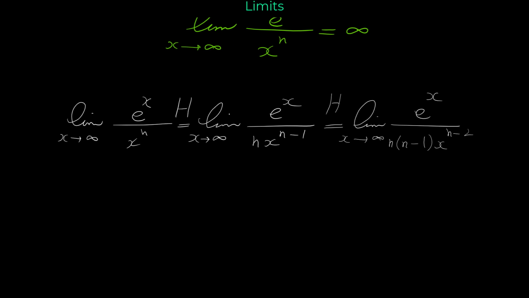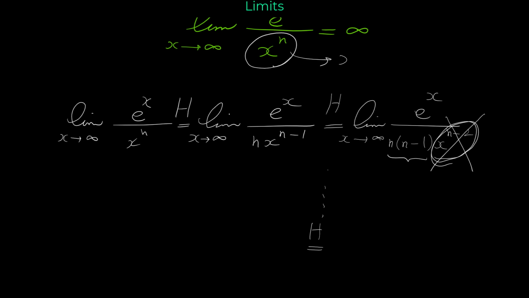And we can continue applying L'Hopital's rule up to the point that the power of x equals 0, which means that x goes away and we only have constant coefficients. For example, suppose x to the n is x to the 3.